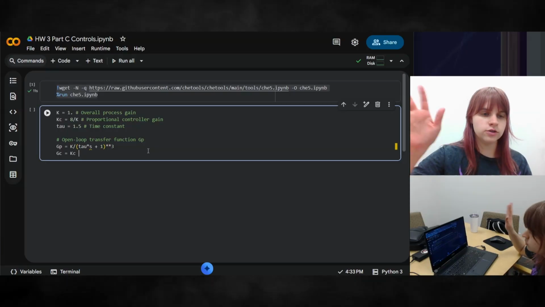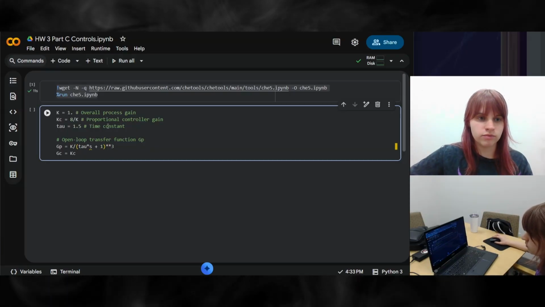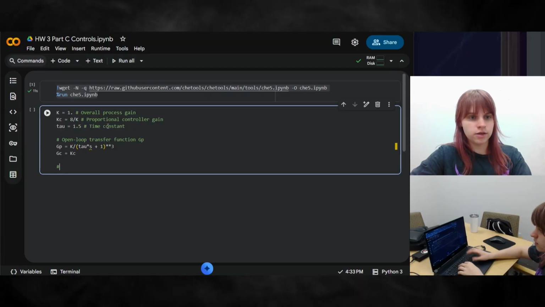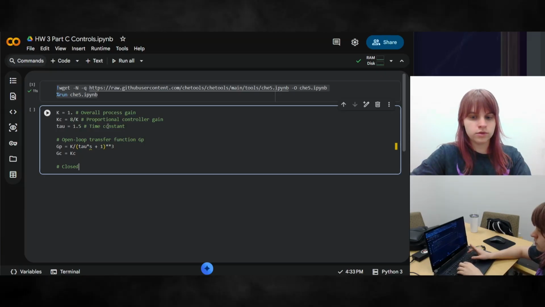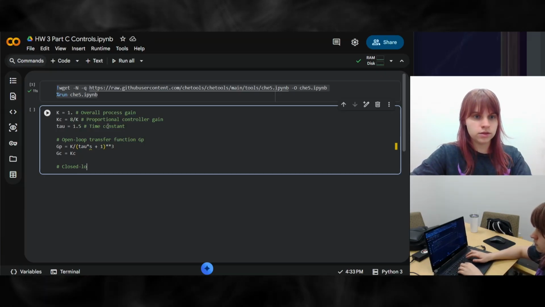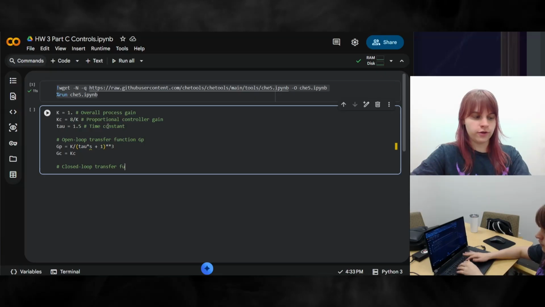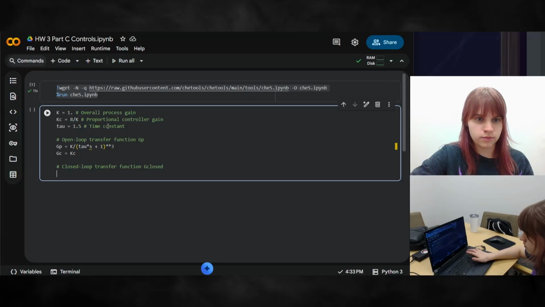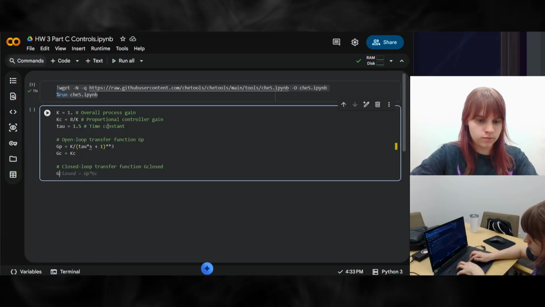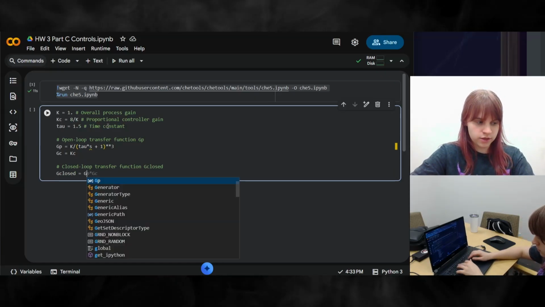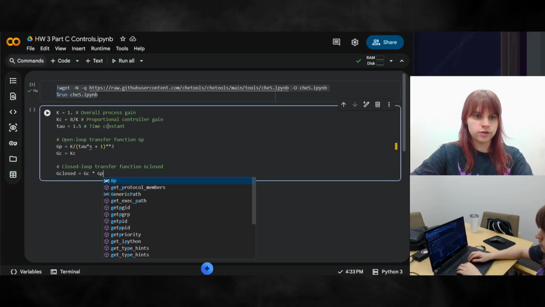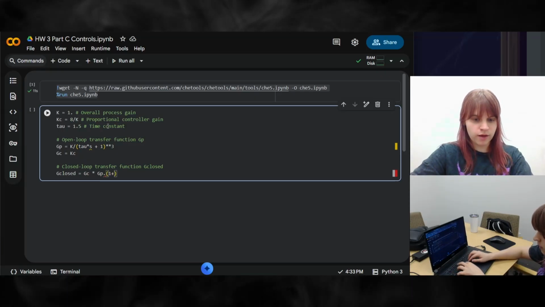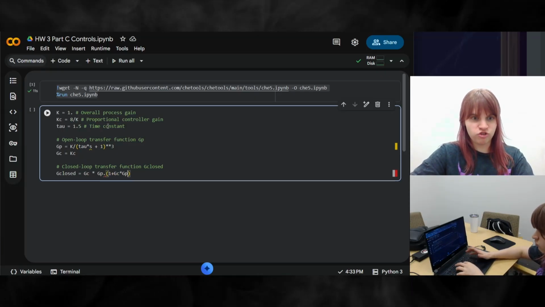We're not going to put anything else complicated into there. Our closed loop transfer function is going to be GC times GP, our open loop transfer function, divided by 1 plus GC times GP.